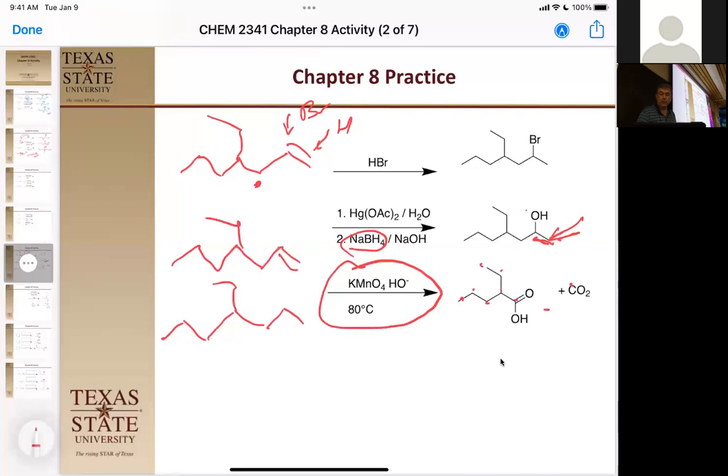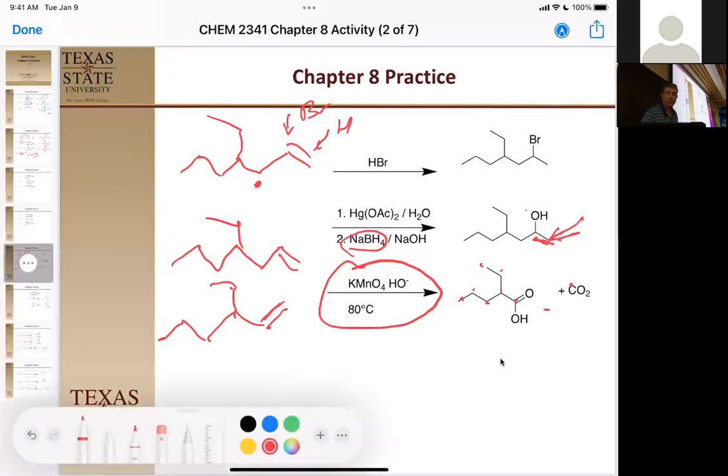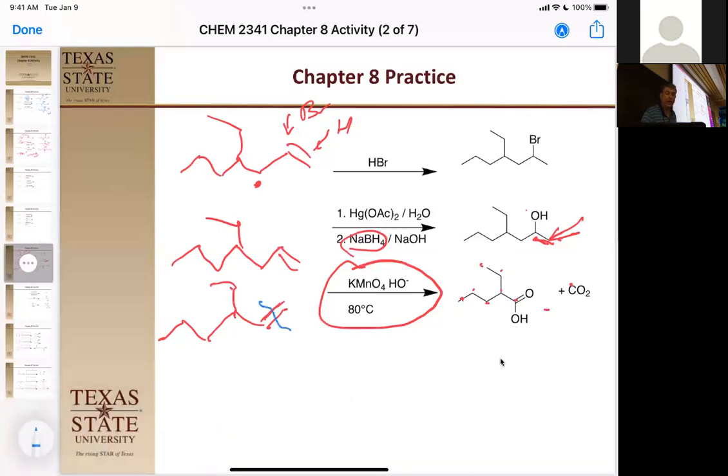Okay, and let's see. 1, 2, 3, 4, 5, 6, 7, 8. Oh, I have one too many carbons. So our double bond has to be here, because when we clip that double bond right here, we're going to have a 7 carbon fragment and a 1 carbon fragment.